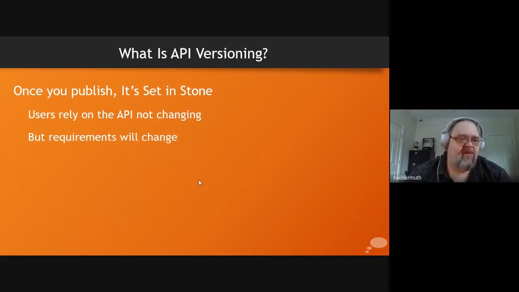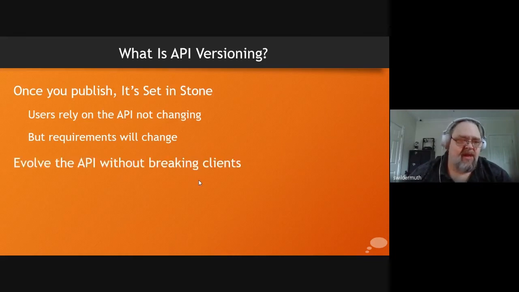And so you have to have a way to deal with change because, of course, requirements are going to change. You can't just live with the API as you envisioned it when you first released it, because it's probably not going to fulfill every requirement change that comes down the line. And so we want to have a way of evolving the API without breaking existing clients.